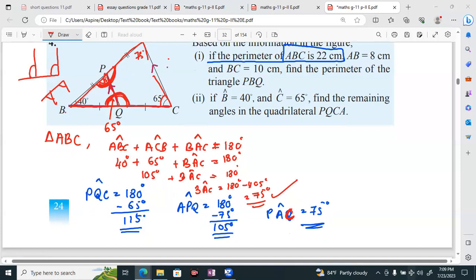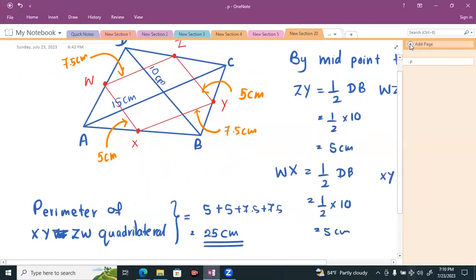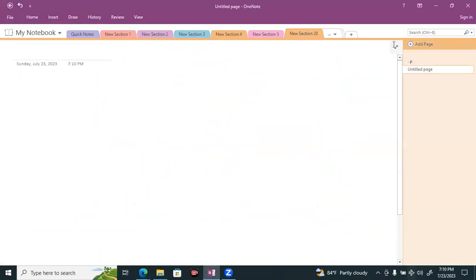Okay. Once we have learned a theorem, we learn about its formal proof. That means with the help of the theorems and the axioms that we have learned before, we have to prove this one.